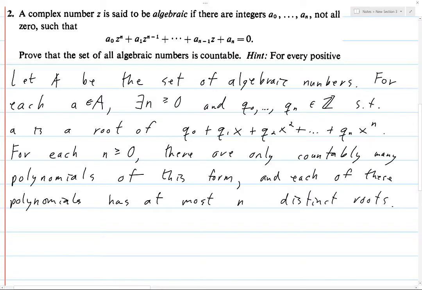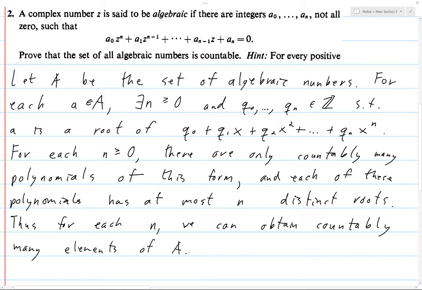Thus, for each n, we can obtain countably many elements of A. Because for each fixed n, there are countably many polynomials, and for each of those polynomials, there are finitely many roots, which means that there are countably many roots of this form.